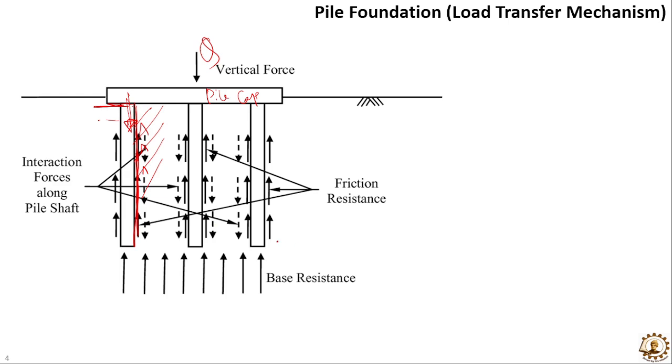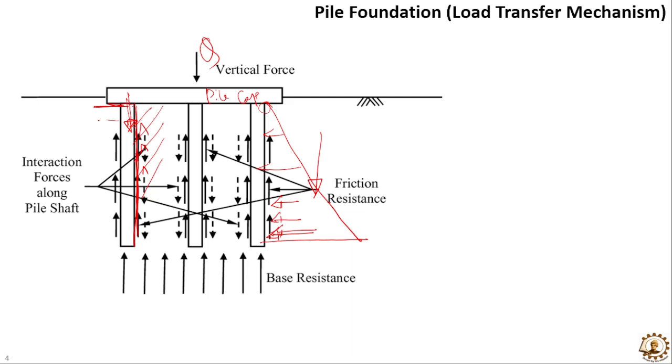As the pile moves downward, the horizontal force or lateral pressure acting on the pile will be much higher at the tip. If we consider the earth pressure distribution, near the ground level surface the lateral force is lesser, and as we go beyond a certain depth, the lateral force will increase.